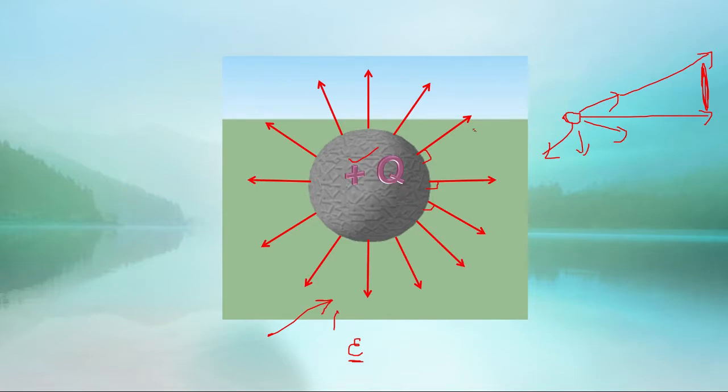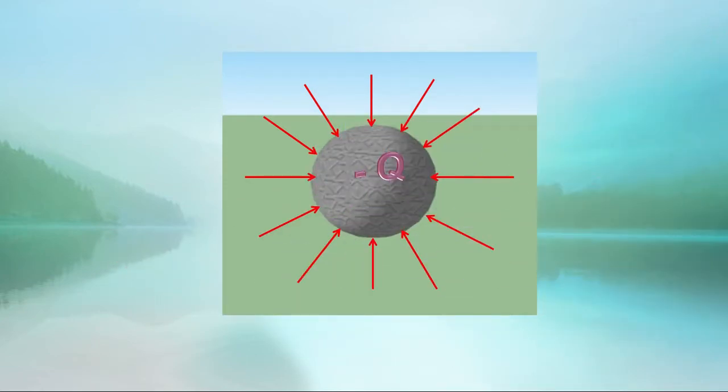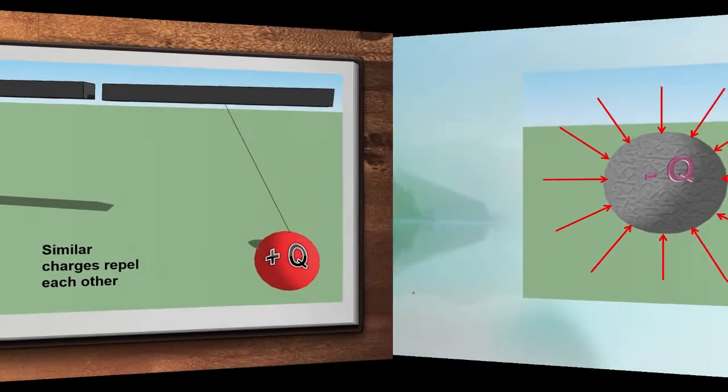What we have to remember here is that if a positive charge is there, electric field intensity lines will go out, and these lines are always perpendicular. If it is a negative charge, the opposite will happen: the electric force lines will come inward to the negative charge.